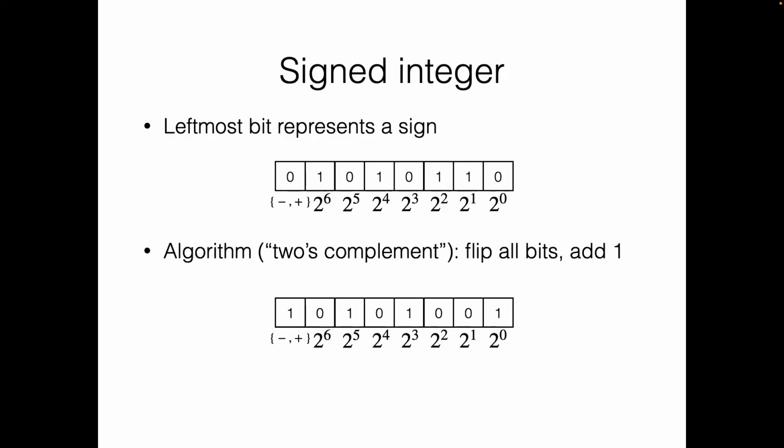Basically it boils down to doing the following. Let's say I have this number and I want to represent its negative. Then what you do is you flip all of the bits and then add 1. That's what the algorithm boils down to. And so here this would be the negative of the number that was previously shown.